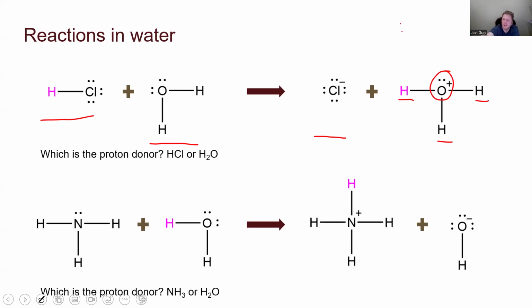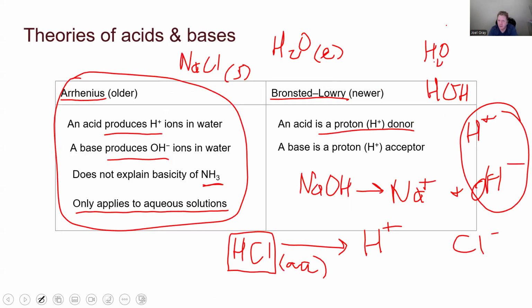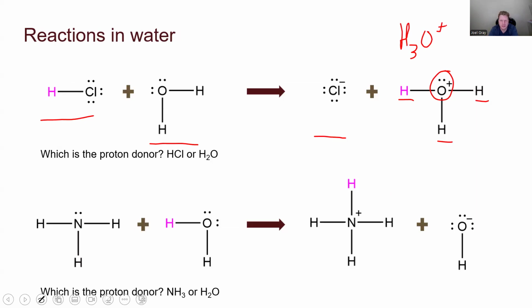So if you were to write that as a formula, you'd write out H3O plus. Well, that's kind of odd because just a second ago, I said H plus. I didn't say anything about H3O plus. This is known as a hydronium.